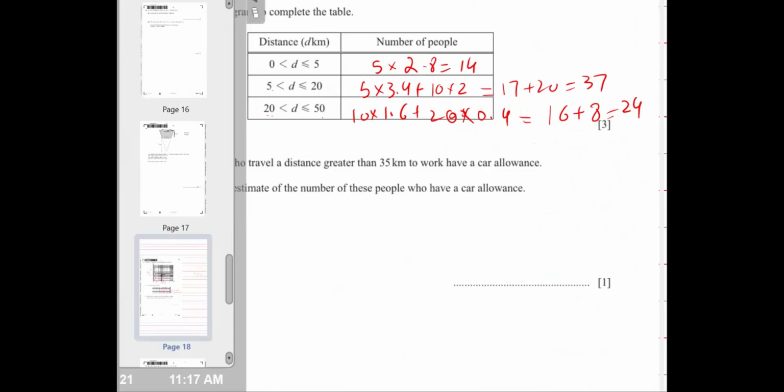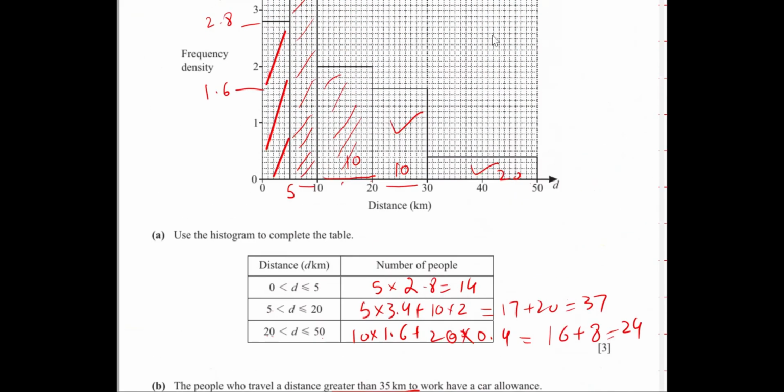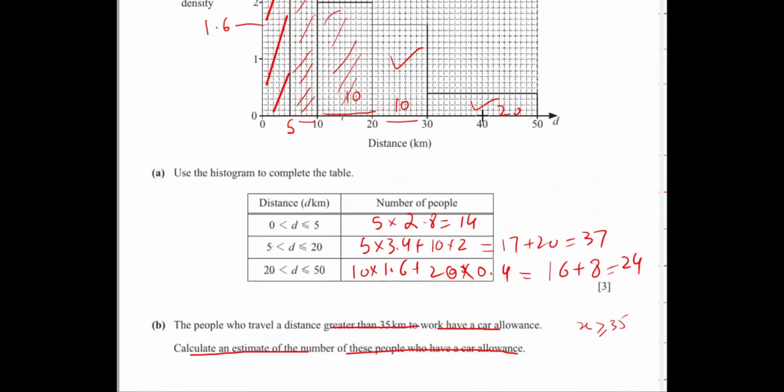Next question, question number 24, part B. The people who travel a distance greater than 35 kilometer have a car allowance. Estimate the number of these people who have a car allowance. Look here, firstly we will calculate the area. This is the position of 35, and we will mark this position 35, and this bar will be the number of people who travel the distance greater than 35.